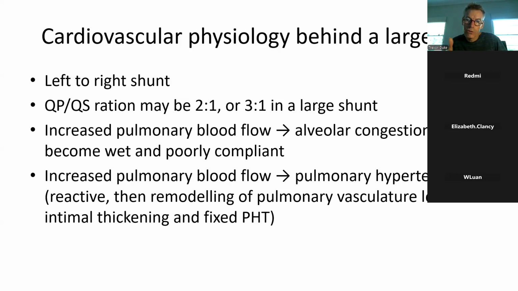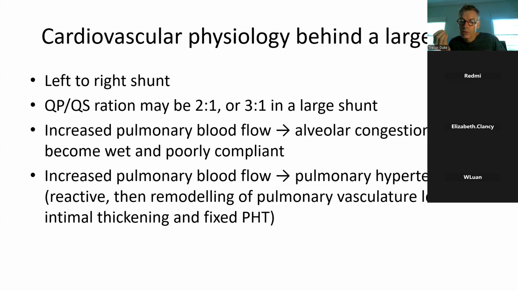And that increased pulmonary blood flow causes, first of all, congestion of the alveoli, and then congestion of the bronchial mucosa, and then it can cause pulmonary hypertension. Firstly, that pulmonary hypertension is reactive.